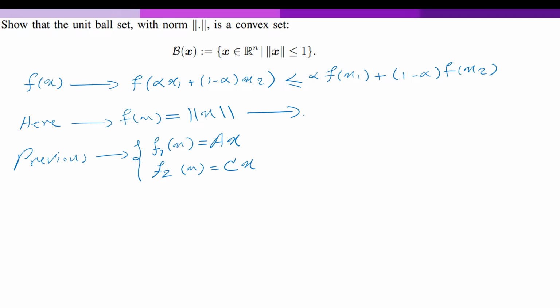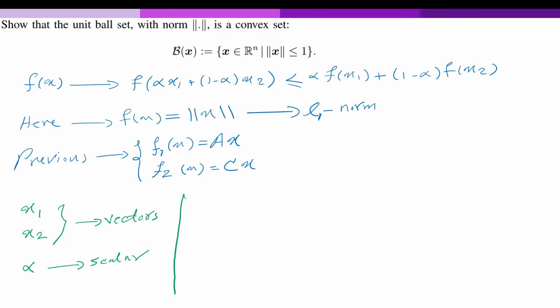So here we have the L1 norm. So using the definition, we have to consider 2 points again, 2 vectors, x1 and x2. Again, vectors. And alpha a scalar value.